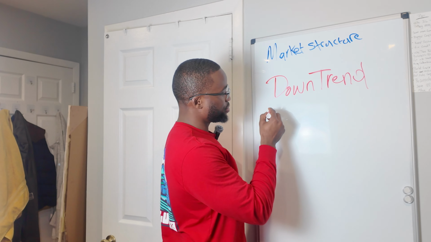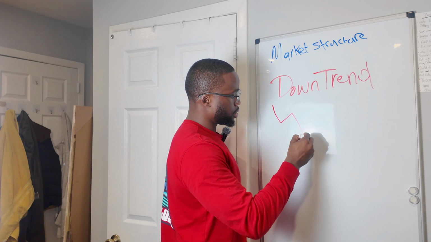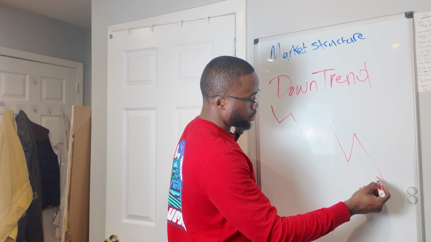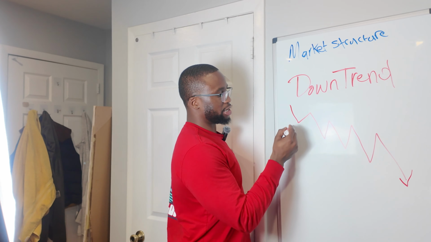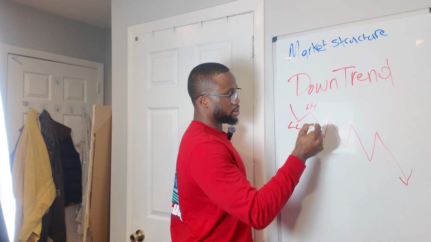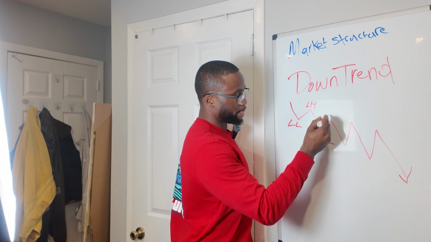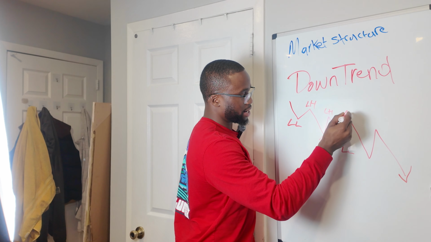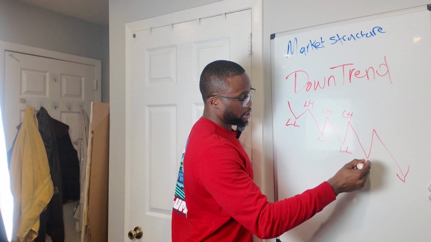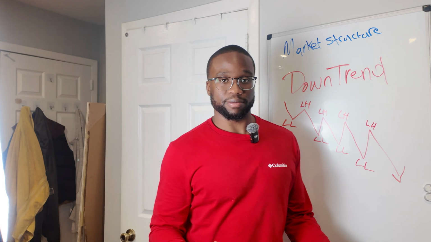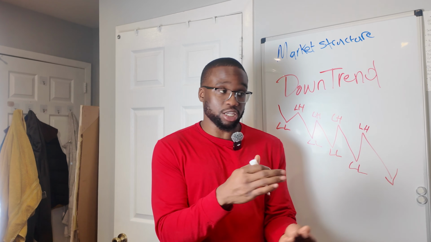Downtrending markets look like this, where price creates a low, lower low, lower high, lower low, lower high, lower low, lower high. As I said, price never looks this perfect.